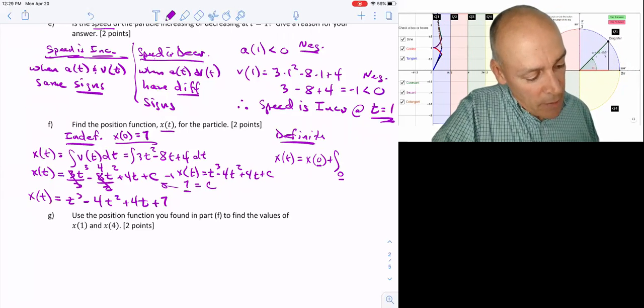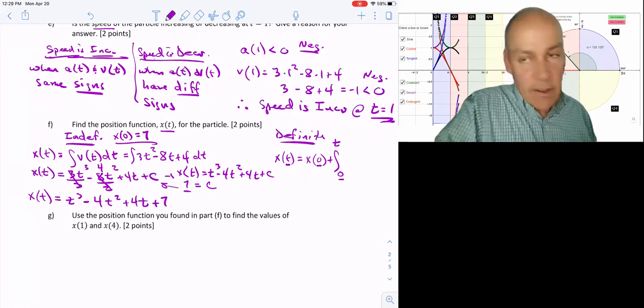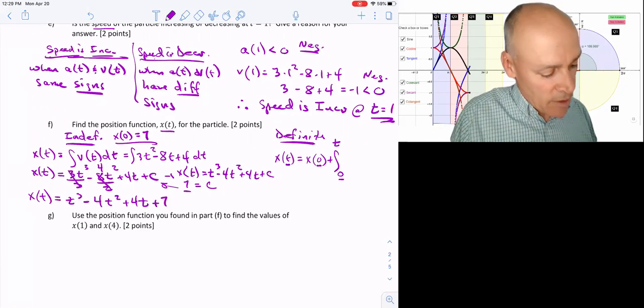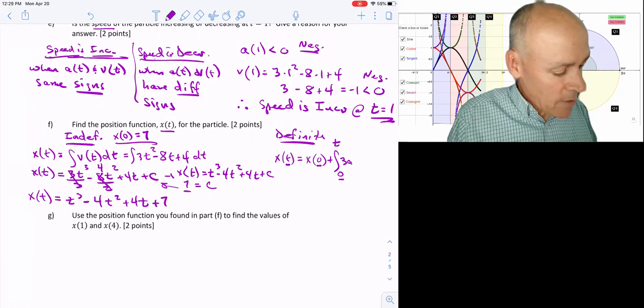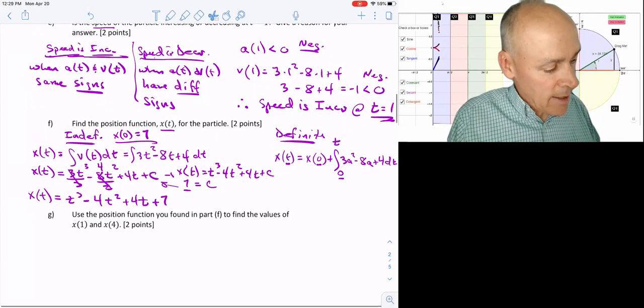And then my upper bound I'm going to leave as my variable t. And then I'm just dropping in the velocity function. I'm going to use a different variable in my velocity function other than t. So I'm just going to say 3a squared minus 8a plus 4 dA, not dt, dA.